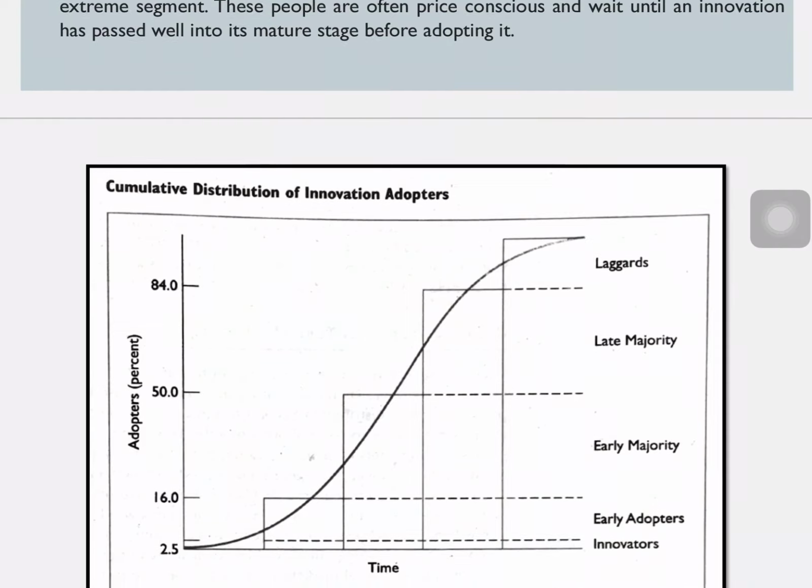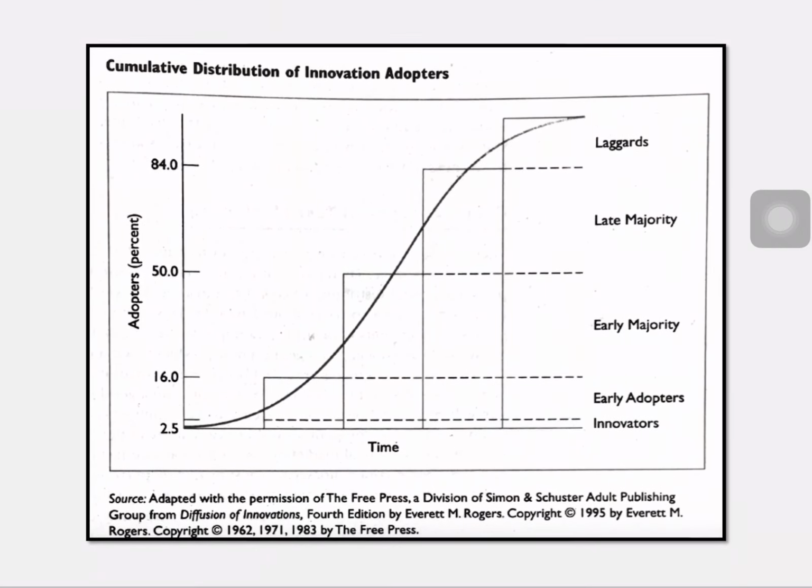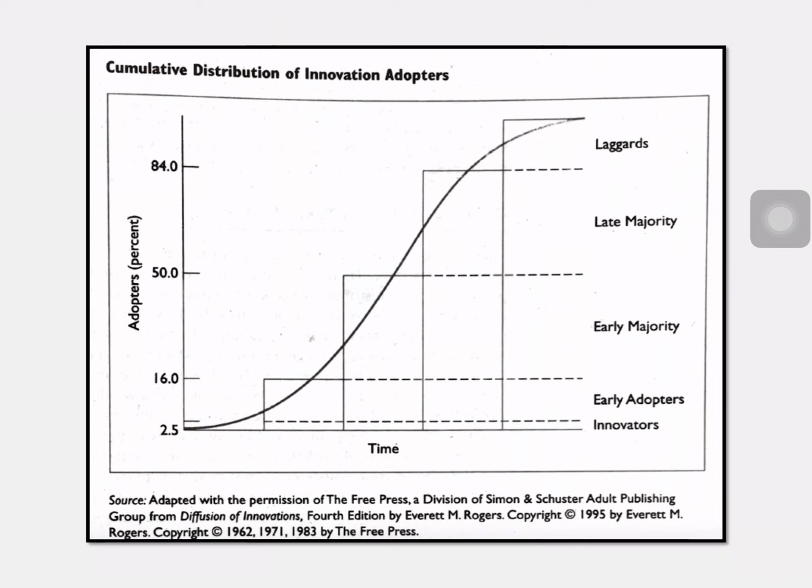Now this is a graph. As you can see on the y-axis, 2.5% are the innovators, 16% are the majority, and so on, and the cumulative frequency is added. Till the laggards it reaches 100%: 84% plus the laggards' 16% makes 100%.